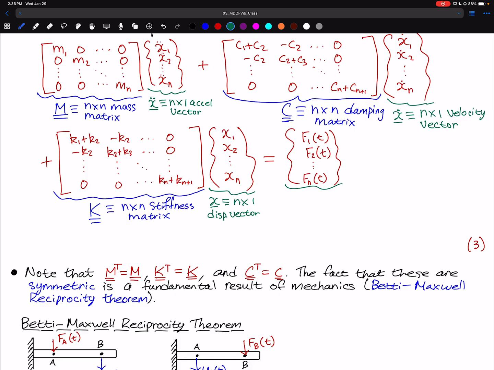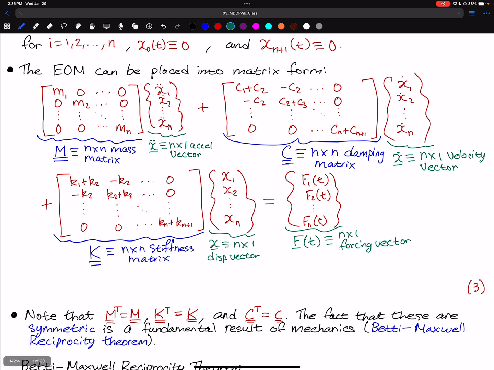And lastly, we'll say f of t, defined to be the n by 1 forcing vector. We can call all of this equation 2.